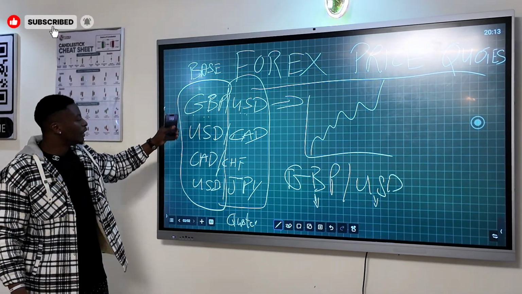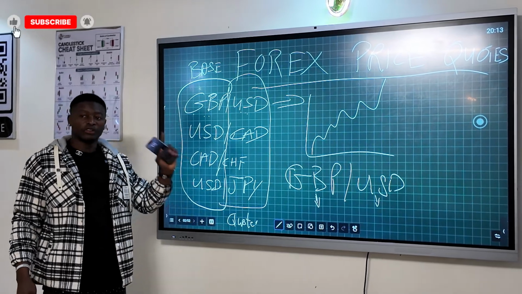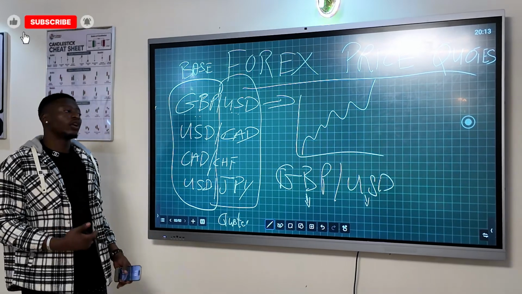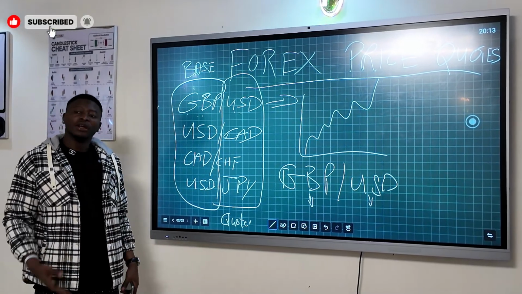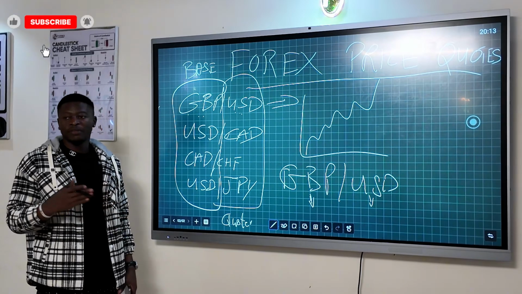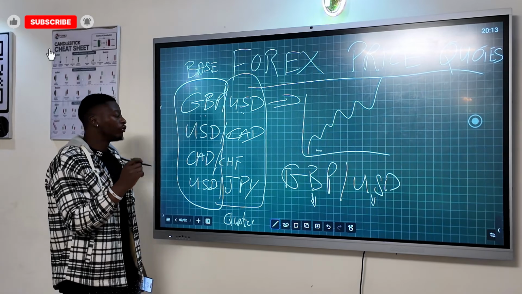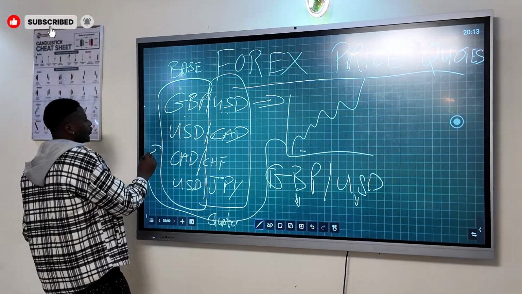That's the first thing you should identify. When you come to a chart, you want to understand which one is the base and which one is the quote. Why? Because this chart moves based off the base currency.